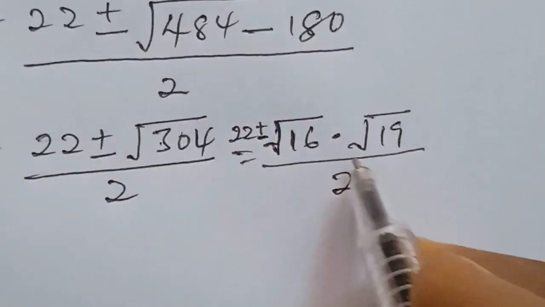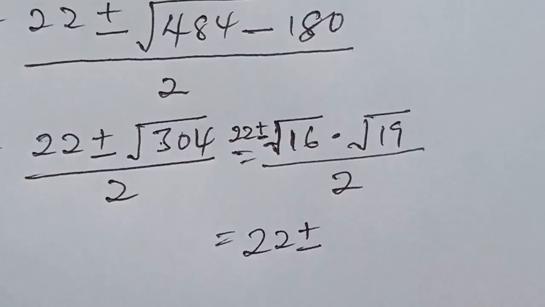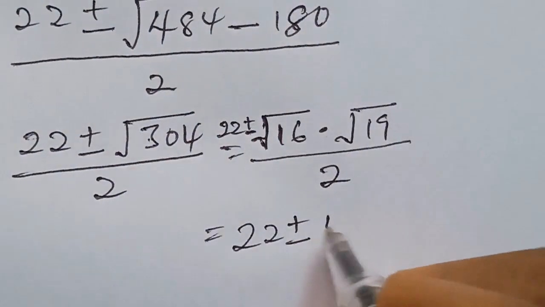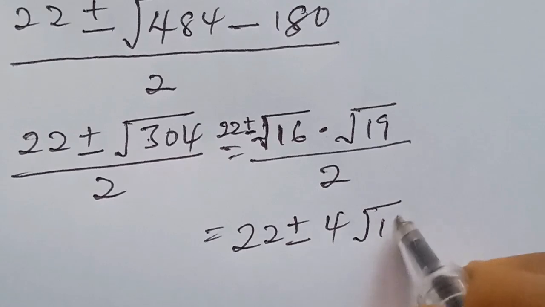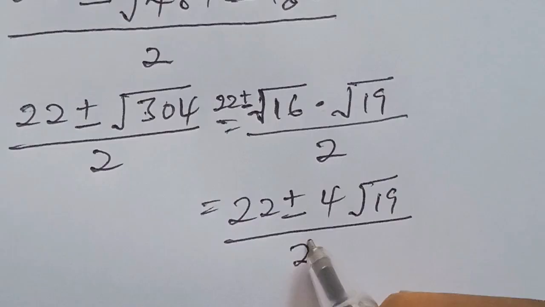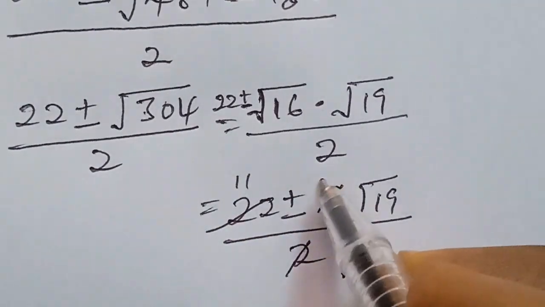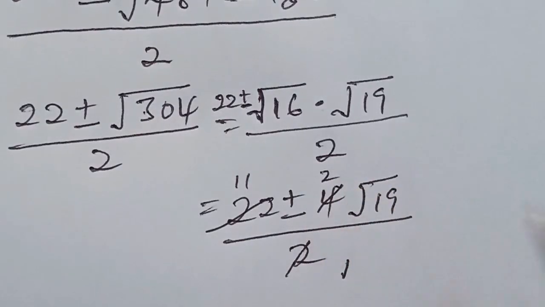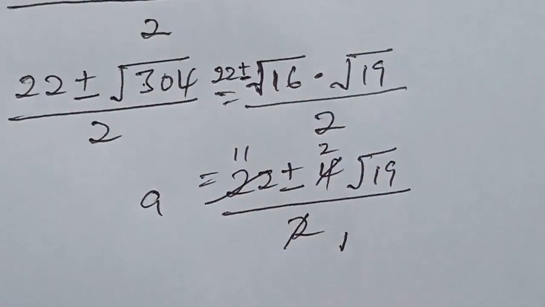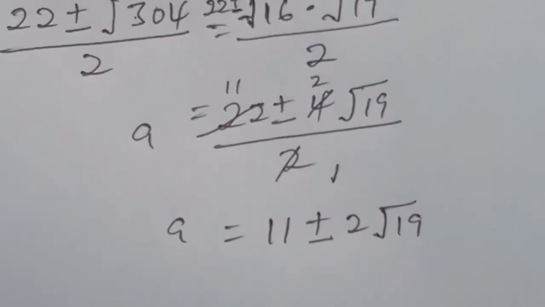Square root of 16 gives us 4, then square root of 19 over 2. So this 2 here, 2 in 22 will be 11, and 2 in 4 will give us 2. So we have our value of a to be equal to 11 plus or minus 2 square root of 19.